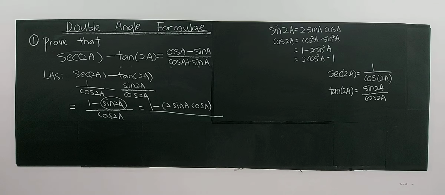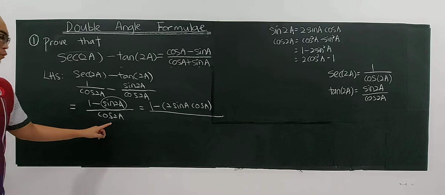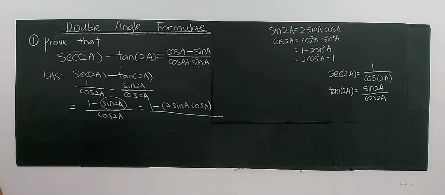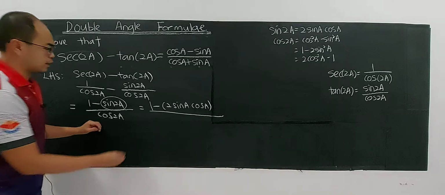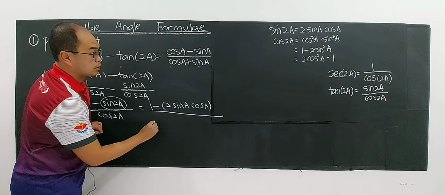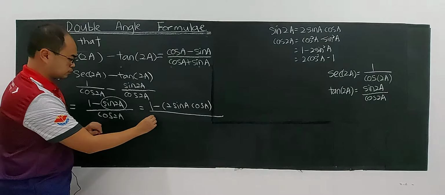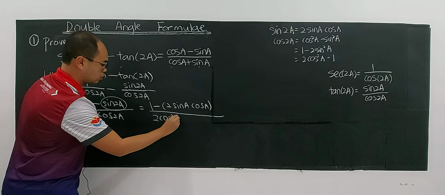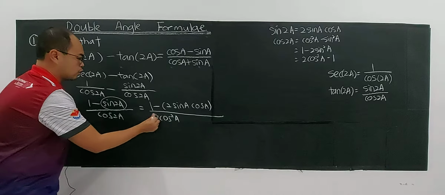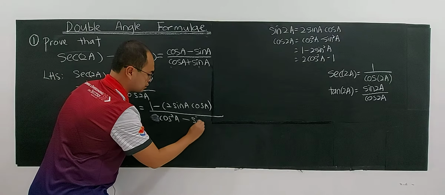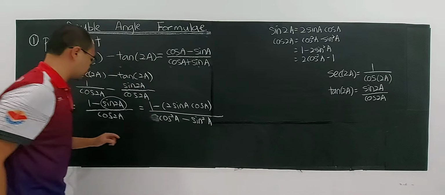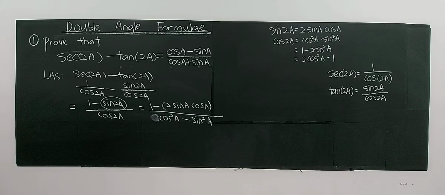What I can do now is I try to rewrite cos 2A as cos square A minus sine square A, right? Because I know cos 2A is cos square A minus sine square A.